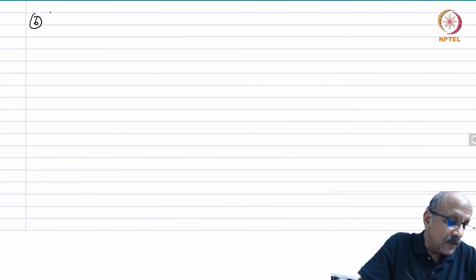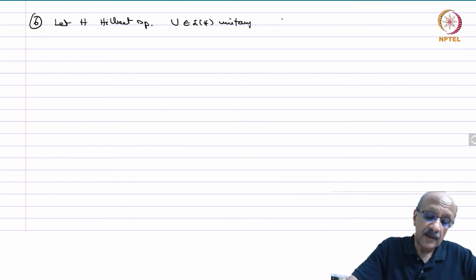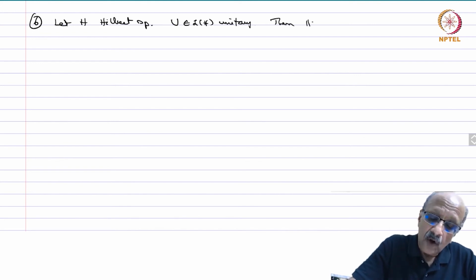Okay, so let H be a Hilbert space and U in L(H) unitary. Then norm Ux equals norm x for all x in H. That is, it's an isometry. We have already seen this.